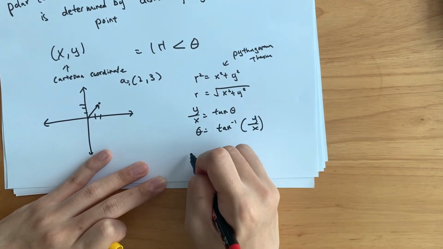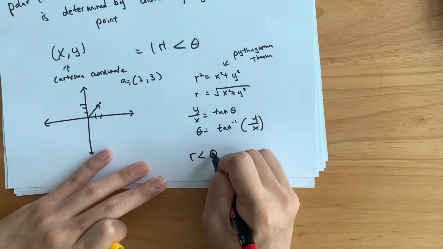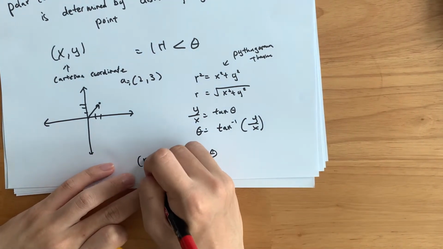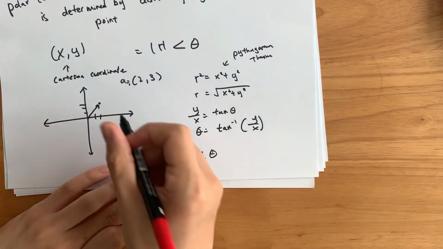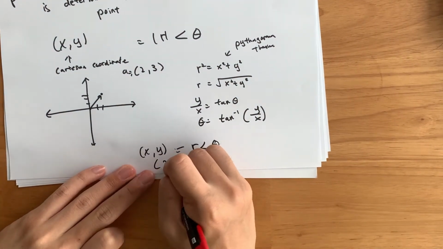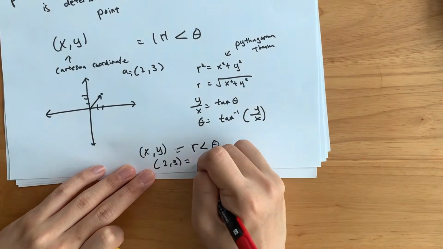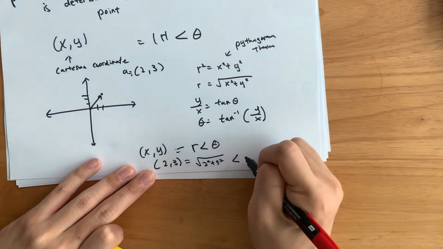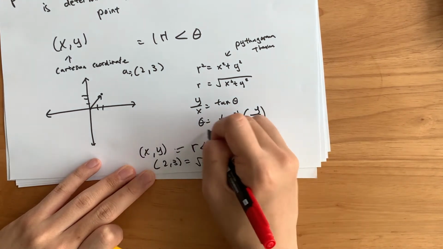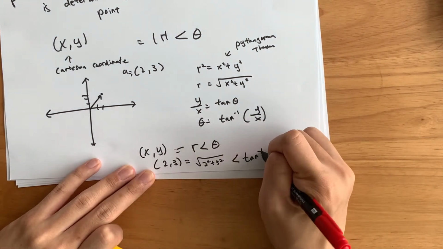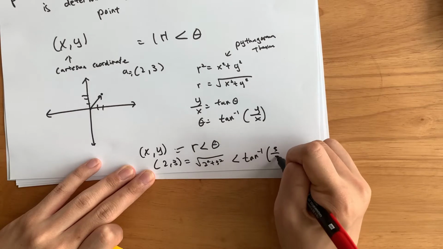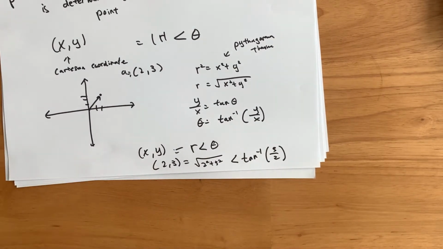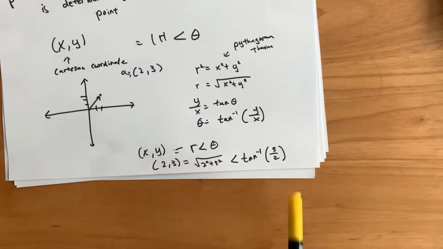So we represent (x, y) as (r, theta). In this example, (2, 3), r is the square root of 2 squared plus 3 squared, and theta is the inverse tangent of 3 over 2. This is the polar coordinate, how you represent it.